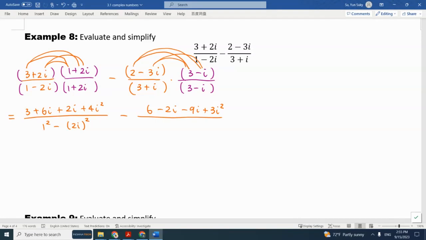Okay, and then Maddie. How about the denominator? Yes. Minus i squared. Yes, very good. Good, good, good. Okay, now let's simplify.